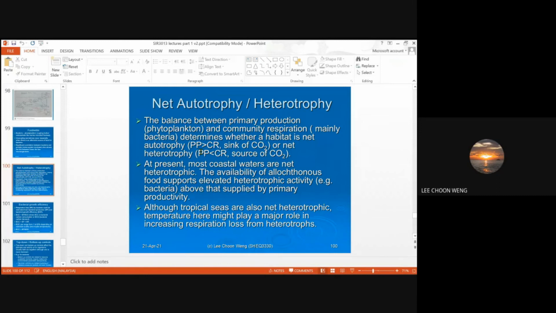And that is why it is possible for community respiration to overwhelm primary productivity. So that is why most of the coastal waters are driven towards net heterotrophy because of the contribution from humans. In other words, the anthropogenic contribution.